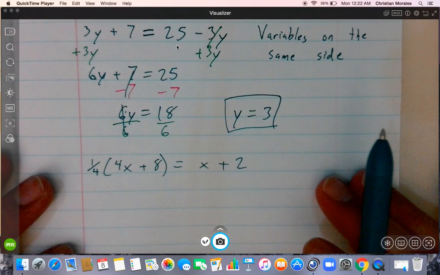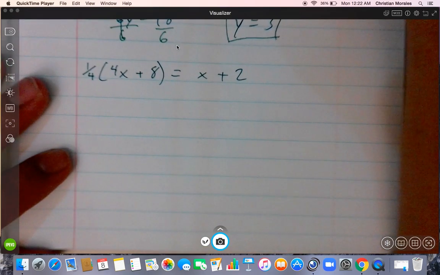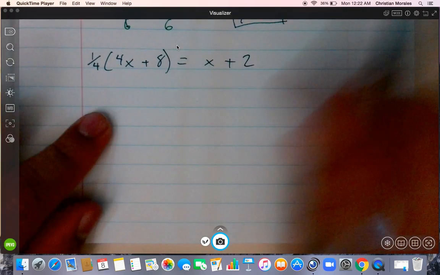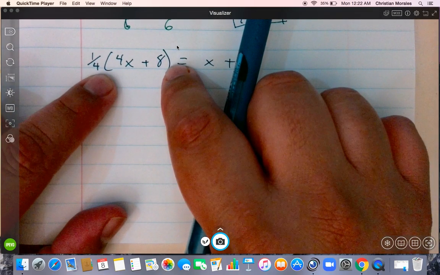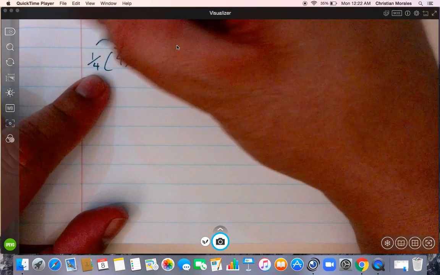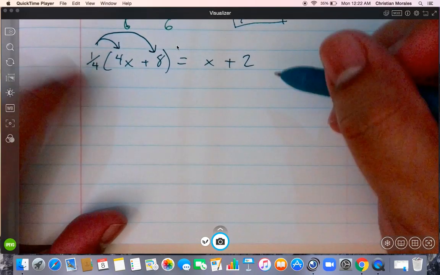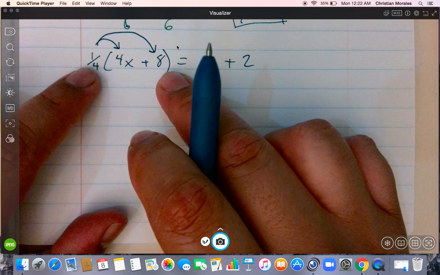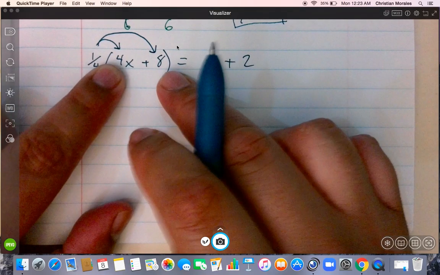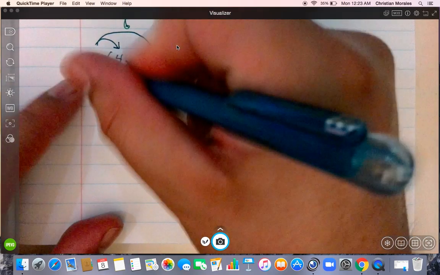Okay, here, this is the same deal. You have two x's, but they're not on the same side. Now, before you move anything, when these are in parentheses, you have to distribute first. You can't move anything until you distribute the number outside the parentheses to the numbers inside the parentheses. So you get something like this.